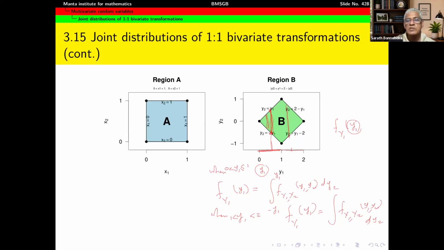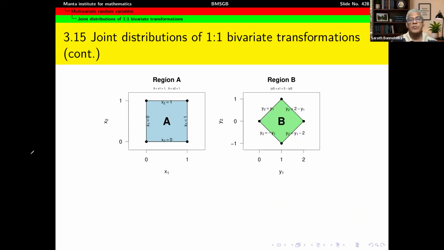So y2 here is y1 minus 2. Here y2 is 2 minus y1. So this has to be from y1 minus 2 to 2 minus y1. So you can see that when you integrate with respect to y2 and put the limits, this is going to be a function of y1. And similarly here. So that's how you get the marginal density of y1 in this example.